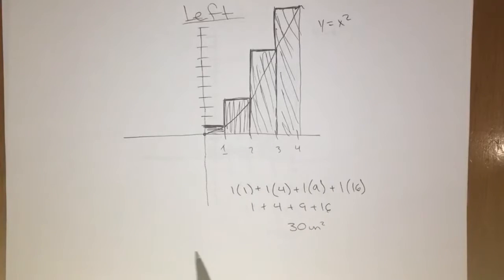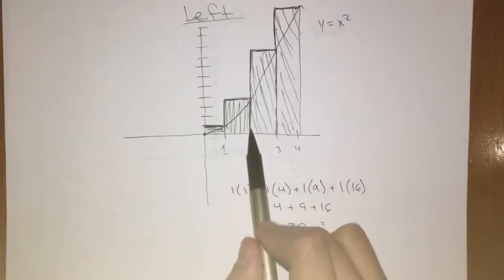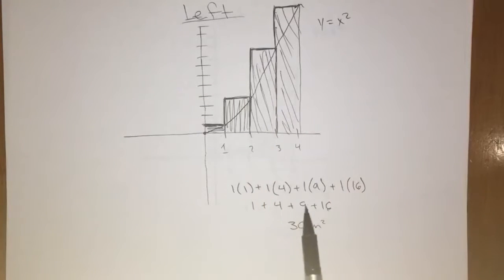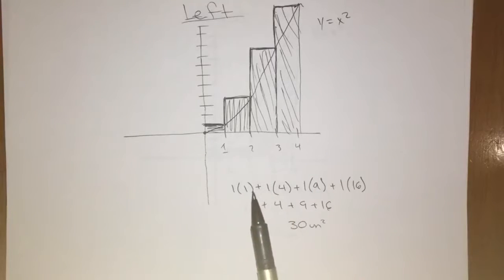Now is the easy part. Since a rectangle's area is height times base, we can see that 1 times 1 is equal to 1. And for this box, 1 times 4 is equal to 4. And 1 times 9 is equal to 9. And 1 times 16 is equal to 16.